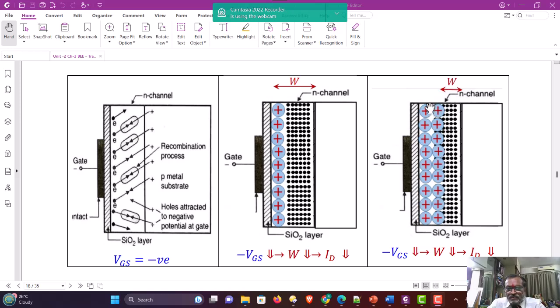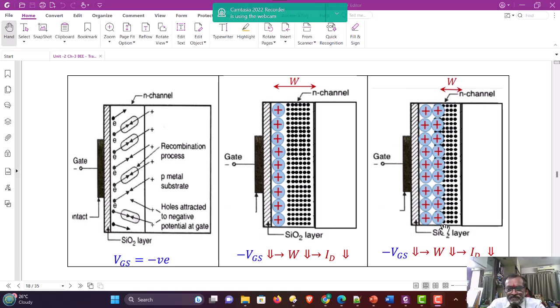They occupy a large space exactly below the gate. And since they are immobile, they are not taking part in the conduction. Ultimately, what we observe is that as gate voltage is more and more negative, the effective width of the channel is decreasing. If the channel width is decreasing, the number of electrons flowing through this restricted channel also decreases.